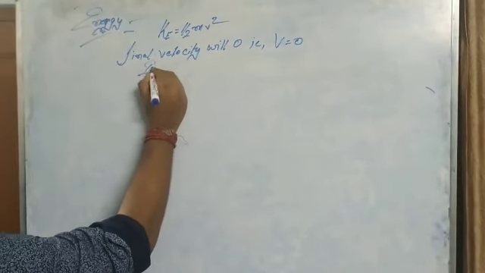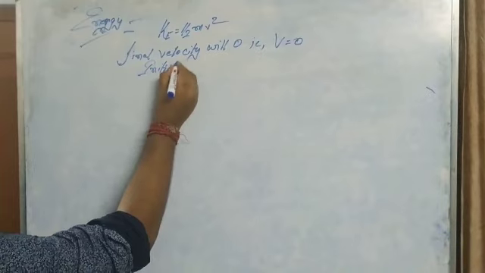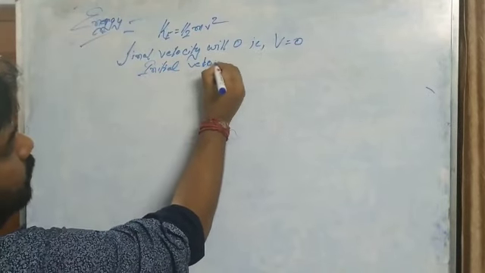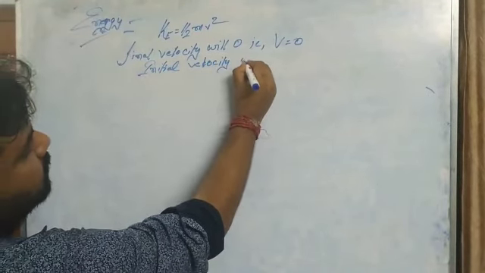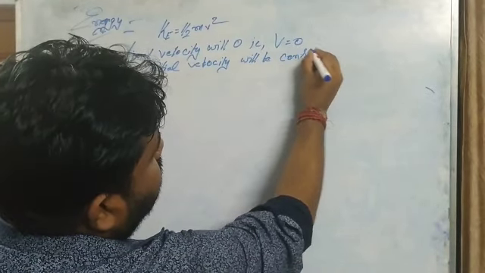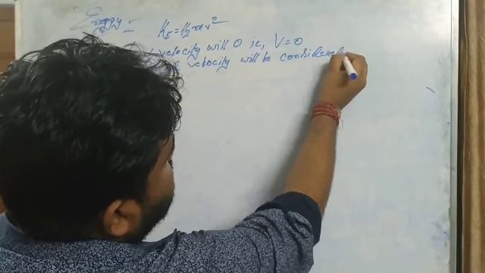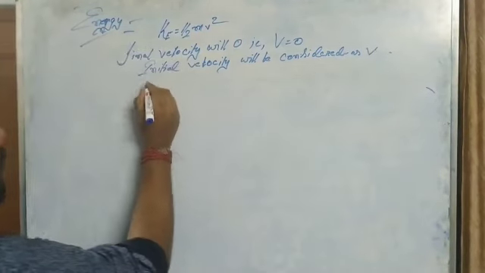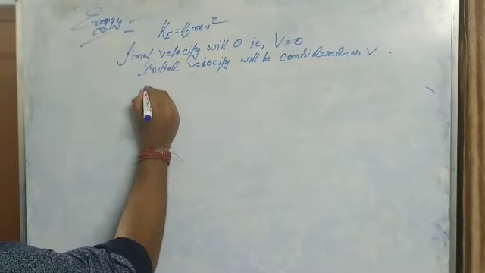The initial velocity will be considered as v, and the acceleration is negative.